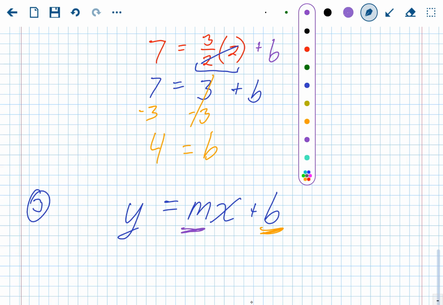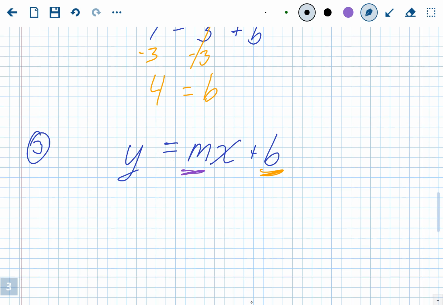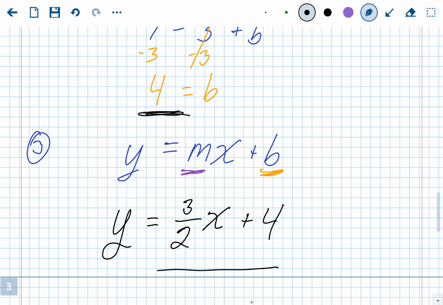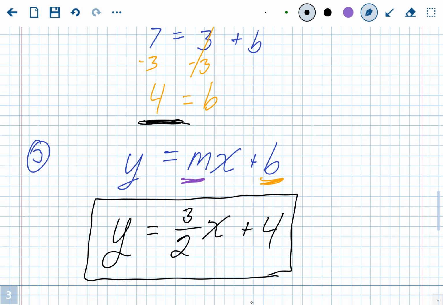Our final equation for this line has to have the y and the x in there. It's going to be y equals the slope, 3 over 2, x, and then plus the b value that we just found, plus 4. So that is the equation of the line that connects the points (2, 7) and (-8, -8) in slope-intercept form, using only slope-intercept form.